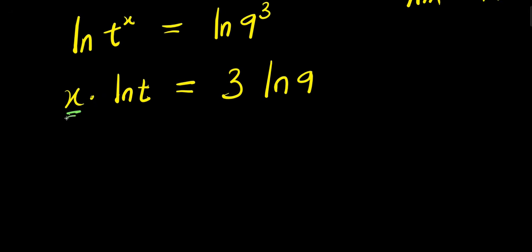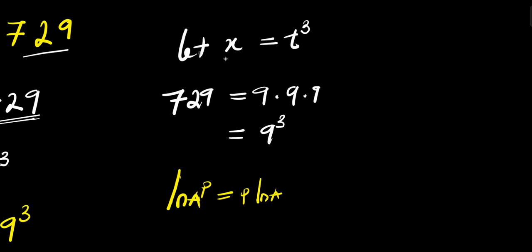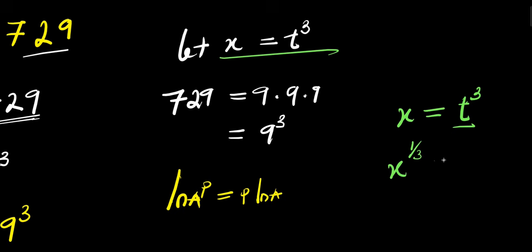So from here, we have a variable x and we have another variable t. To ensure that the two variables are uniform, I'm going to come over here. Here we have x equals t power 3. I need to isolate t by raising this to the power 1 over 3.